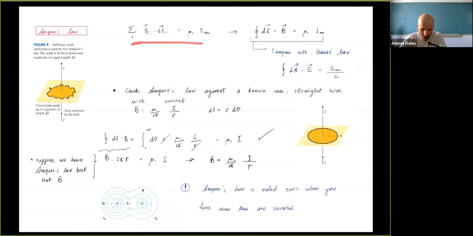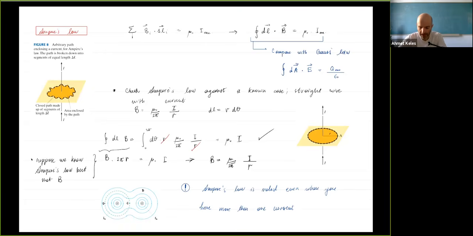If you take the continuum limit, not surprisingly, this gives you an integral, and this integral is a closed line integral. That's why we have this nice symbol. What this says is the line integral of B around a current is equal to mu0 times the total enclosed current.